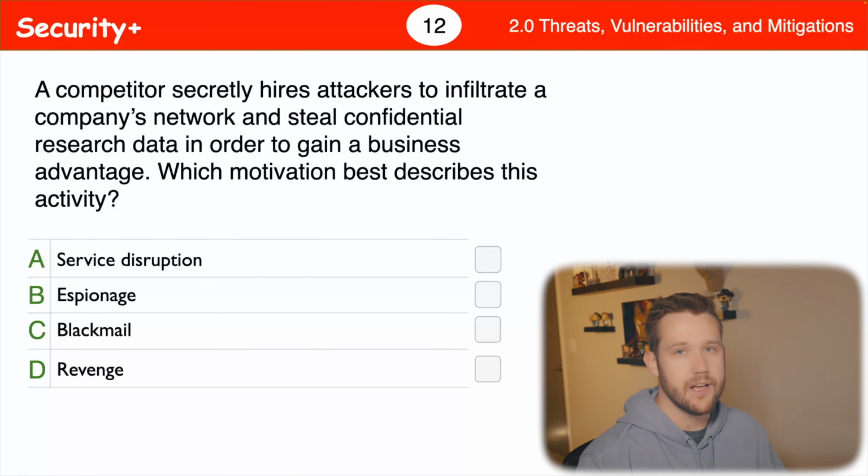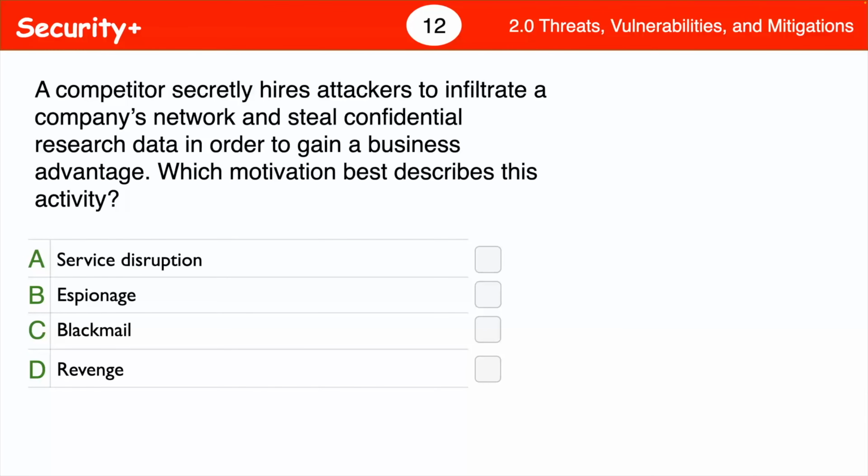So let's go ahead and do the process of elimination now. And we can start with A, service disruption, since the goal here isn't to shut down operations, but to secretly take data. Next, we can eliminate C, blackmail. Now, this would involve using stolen data to extort, not to gain an advantage, usually. Not always, but usually. But in this scenario, it doesn't seem like that would be the case.